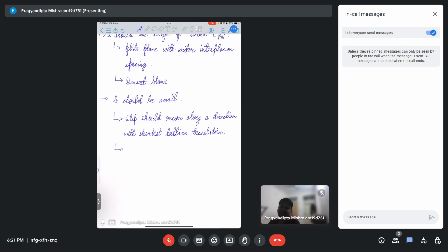And it should be along a close packed direction. So essentially, in the end, what are we trying to do? It should be on the densely packed plane, and it should be along a close packed direction.